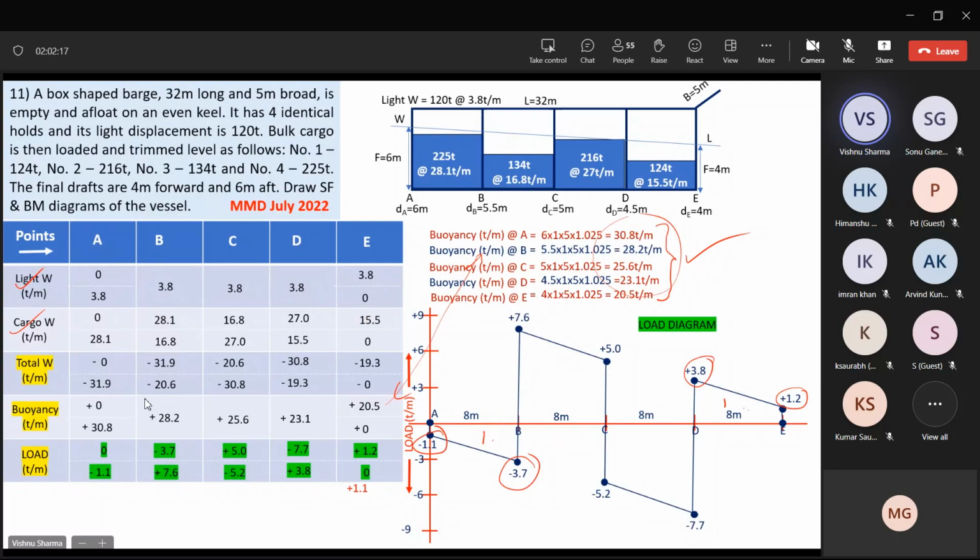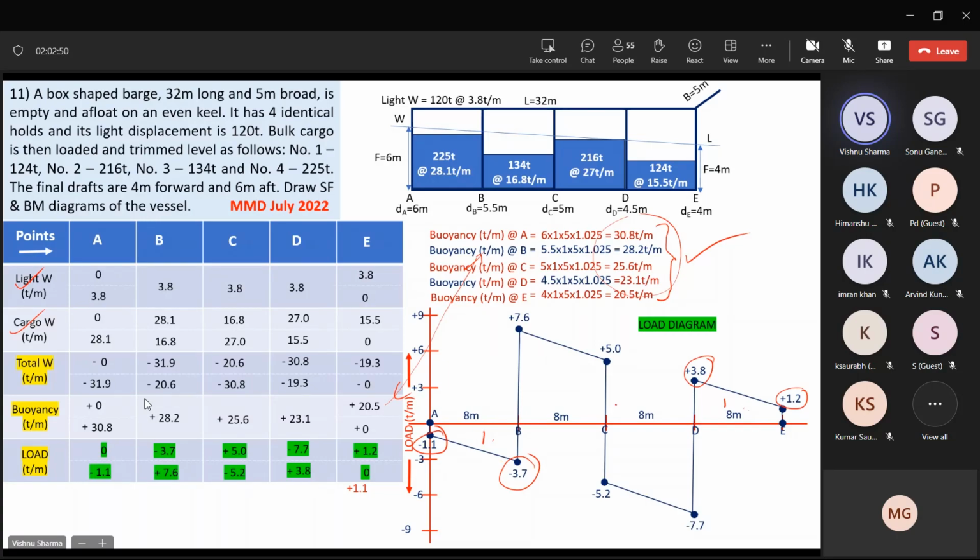Secondly, if you add the total weight of the cargo of the ship, light displacement plus cargo, and you calculate the displacement by law of flotation, that is length into breadth into draft of 5 meters, into 1.025, you'll find there is a difference of 1 ton between the buoyancy and the displacement. That means drafts have also been rounded off. We have also rounded off the values, and they are showing up as a difference in these two.